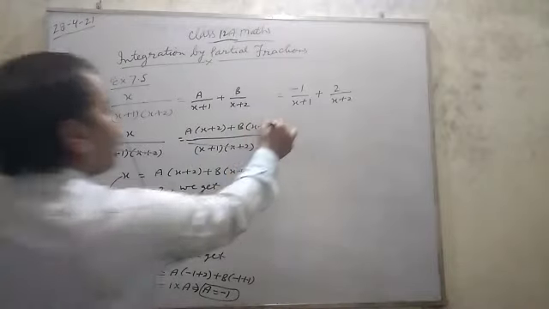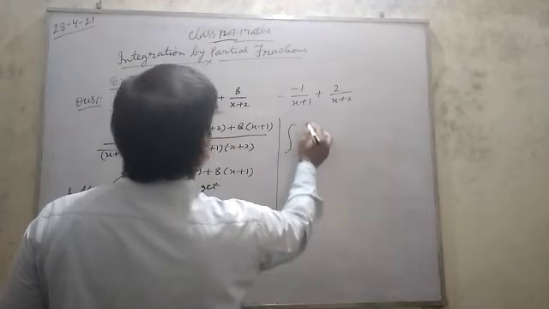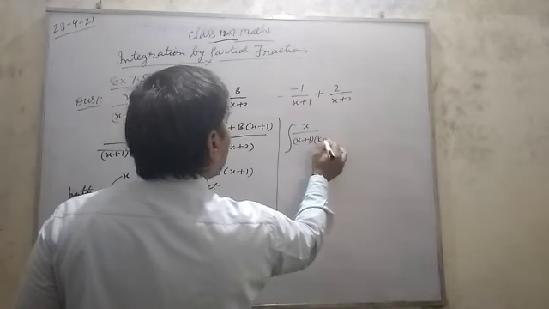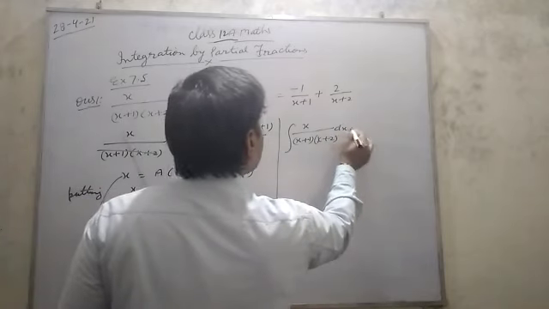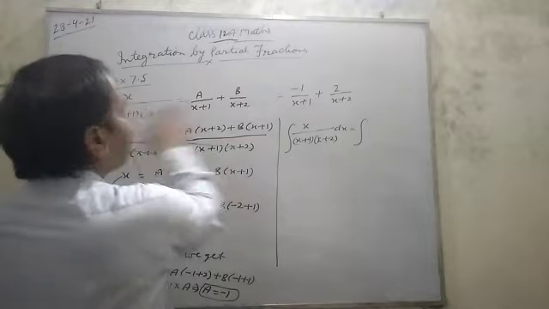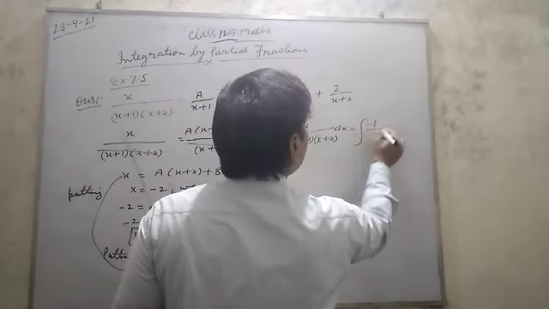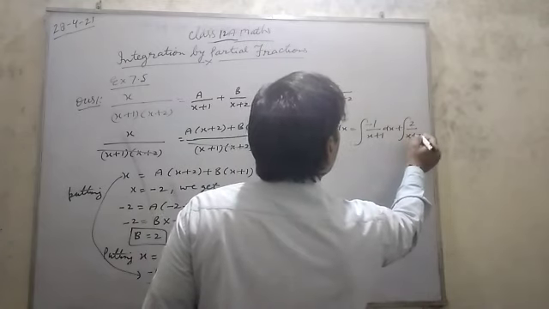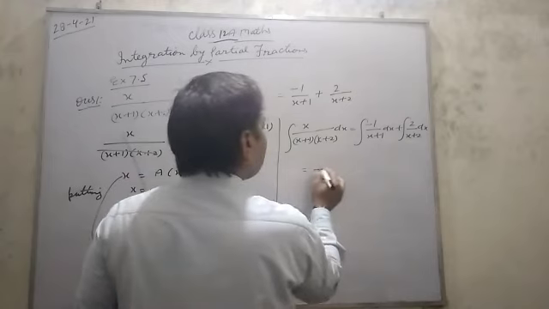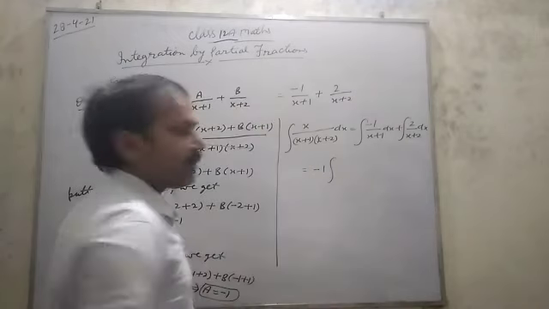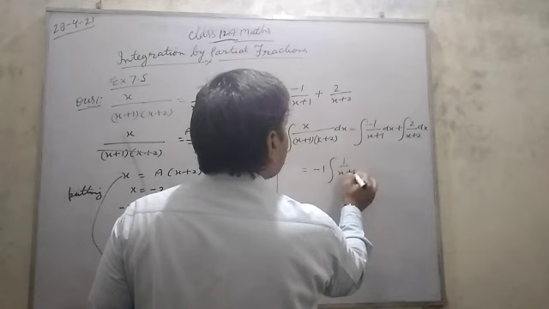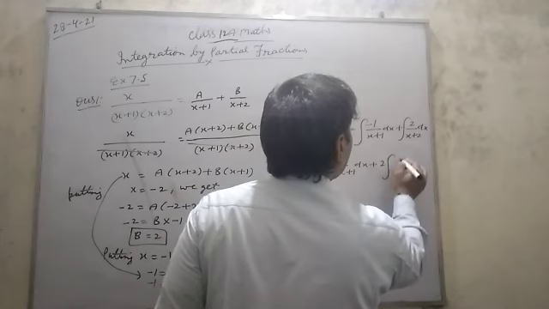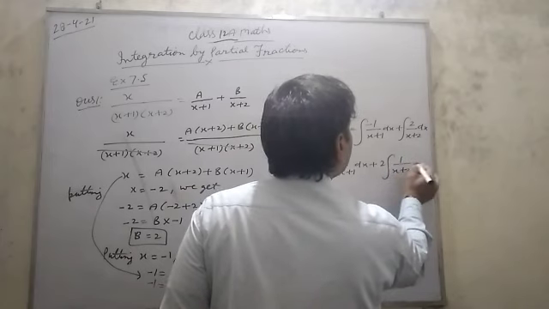Now you integrate it. The integral of x upon (x + 1)(x + 2) dx equals, in place of this, we can write this; separately you integrate it: −1 upon (x + 1) plus 2 upon (x + 2) dx. Minus 1 can be taken common, 1 upon (x + 1) dx, plus 2 also can be taken common, 1 upon (x + 2) dx.